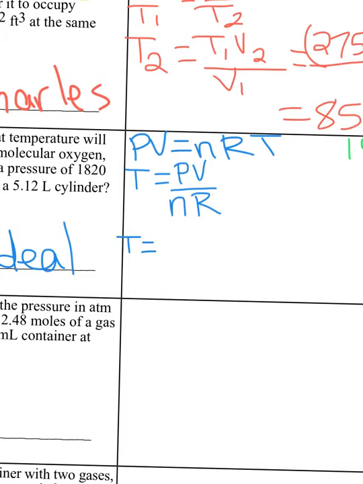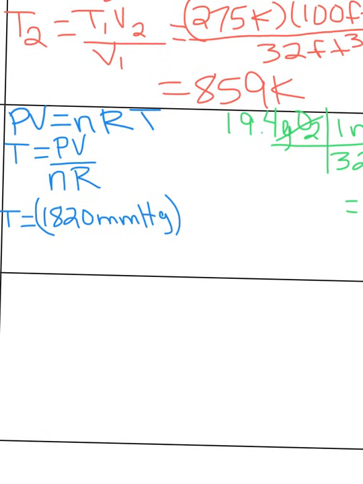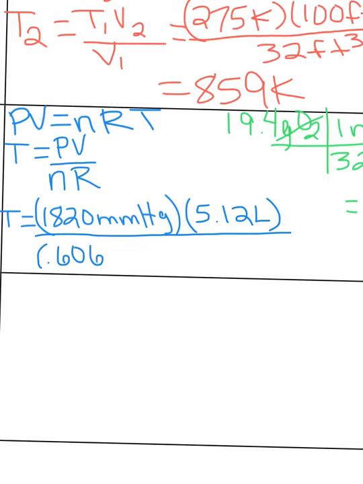So pressure, 1820 millimeters mercury. Okay. Volume, 5.12 liters. Number of moles, 0.606 moles. And the R constant.